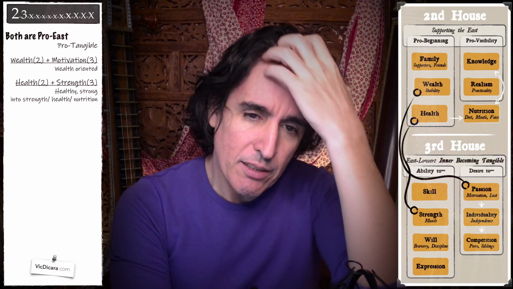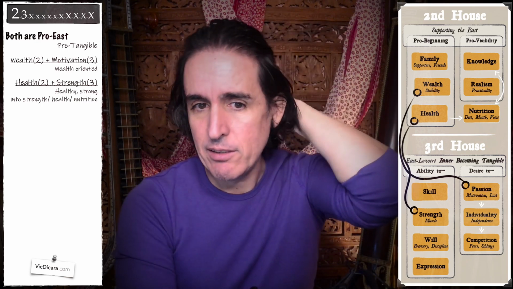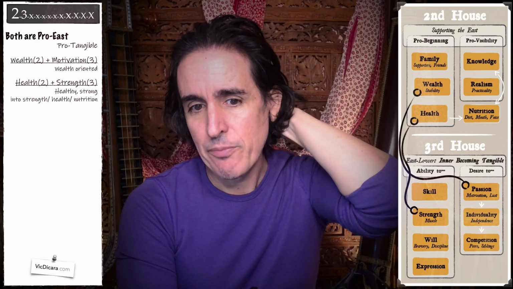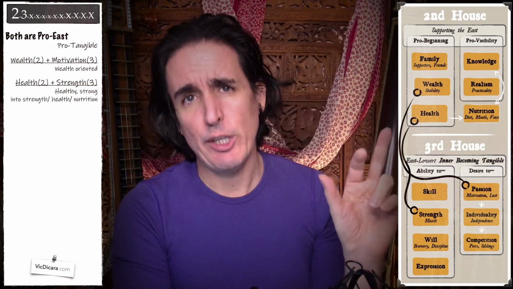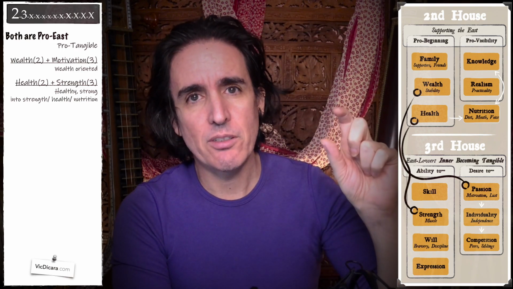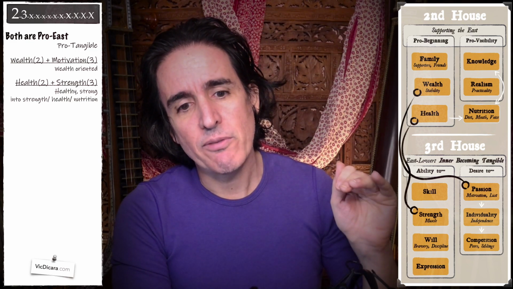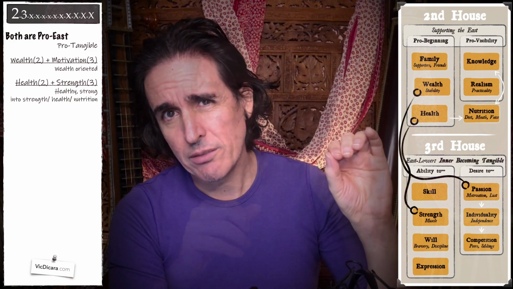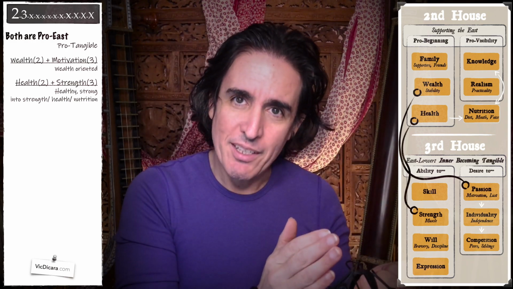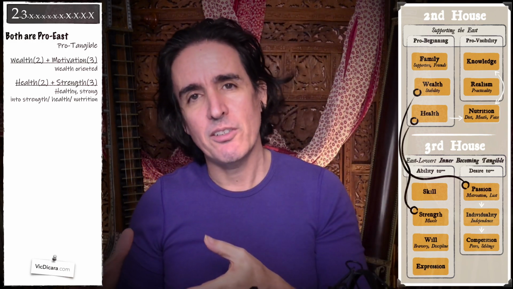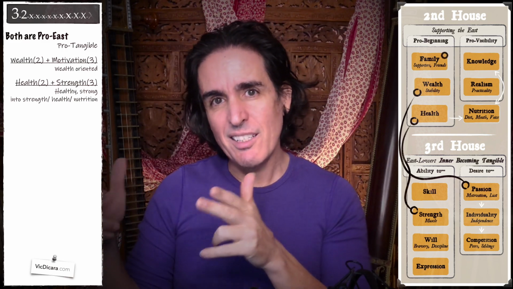But two important things I want to bring up besides these two that we mentioned already. One is it's not all good with the second and third house. There's one wrinkle here, and it's kind of a deep wrinkle. It's the fact that the second house signifies the family, but the third house is not family oriented. The third house is independence oriented.